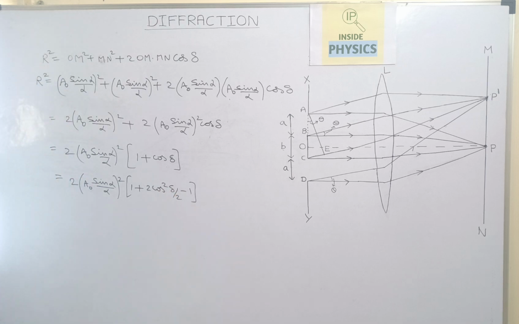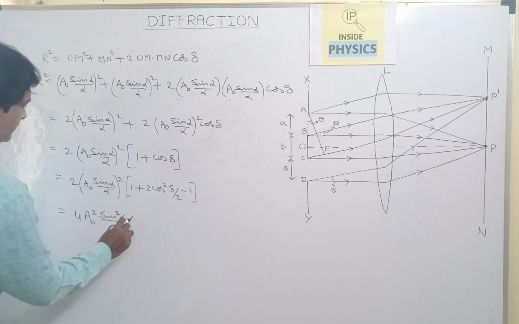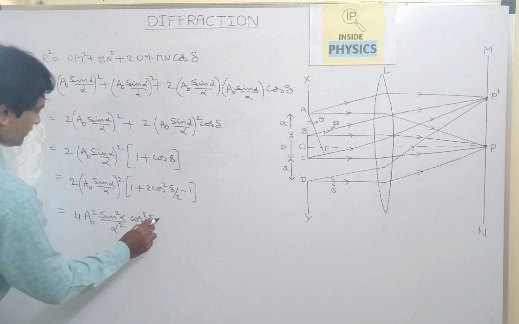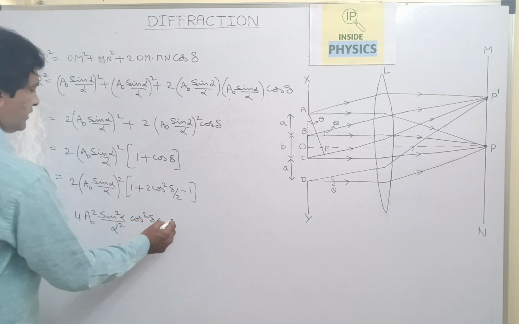Here minus 1 plus 1 will be cancelled, and this term becomes A naught square sin square alpha by alpha square cos square delta by 2. In this way we can write it. 2 into 2 will become 4, and this is squared with each term: A naught square sin square alpha by alpha square cos square delta by 2.